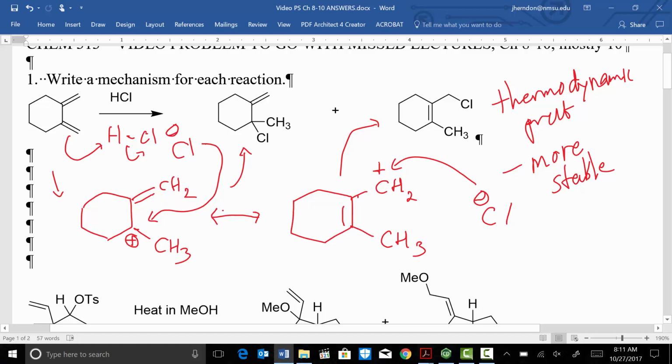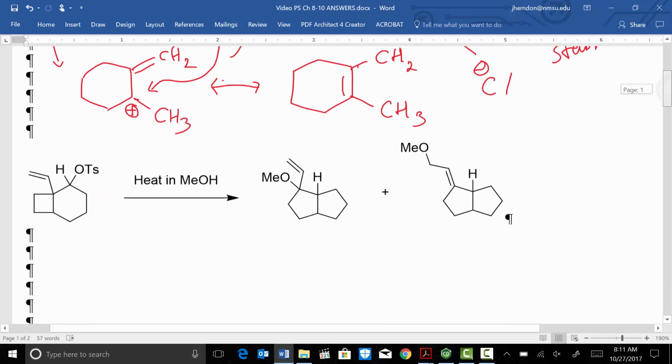It arises from the one where there's more positive charge. Remember, in this course we don't really want to focus on what's going to be major. We should be able to predict the thermodynamic product by looking at the structure and figuring out which one is more stable. But the kinetic product requires some rather deeper considerations.